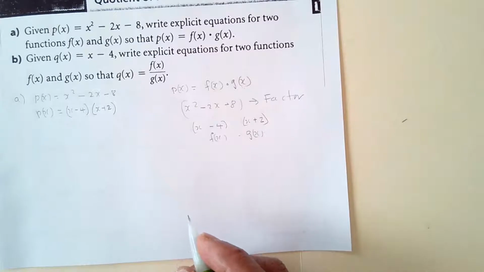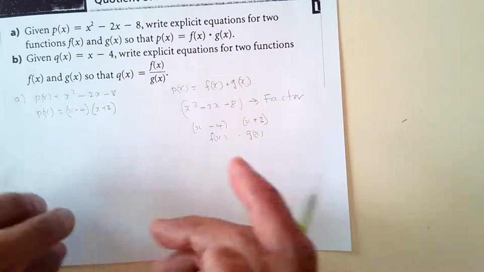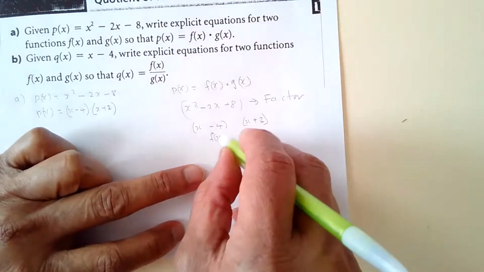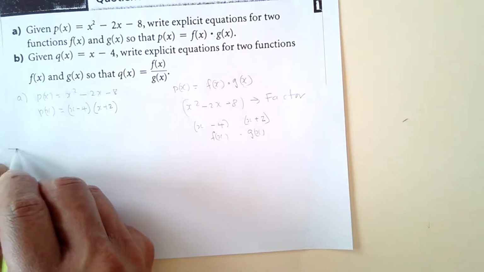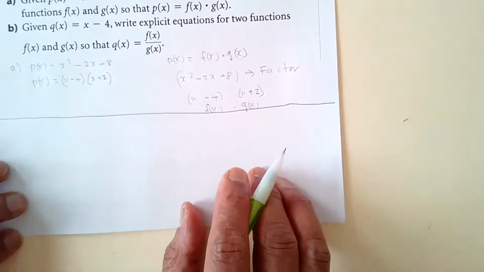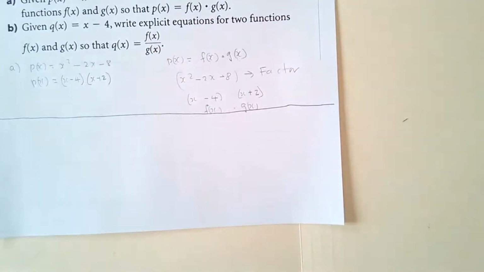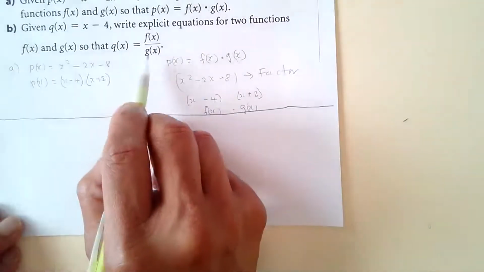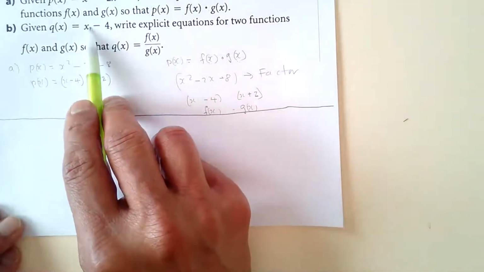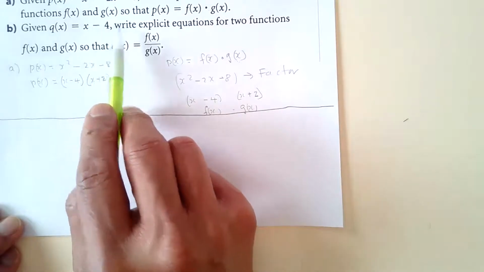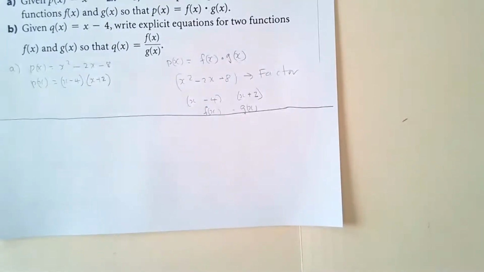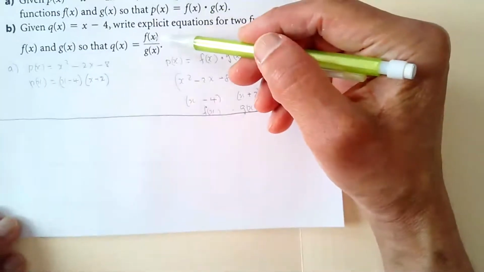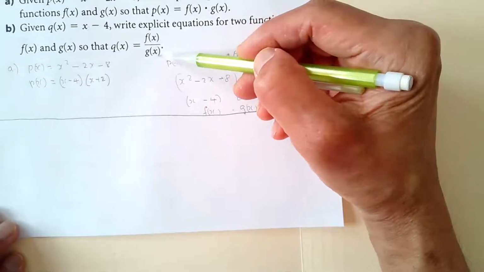Now, the second part: given functions f of x and g of x, q of x is f of x divided by g of x. So the domain, if you look at this part here, given q of x equal to x minus 4. So x minus 4 must be equal to f of x over g of x.